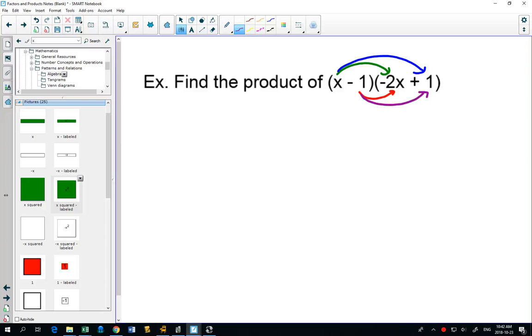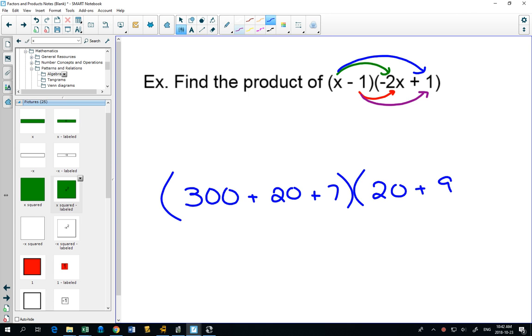You could, yes. So the question was, could we do that with, so if I have 327 times 29. Now, FOIL doesn't work out perfectly here because we would have to go first, outside, okay?